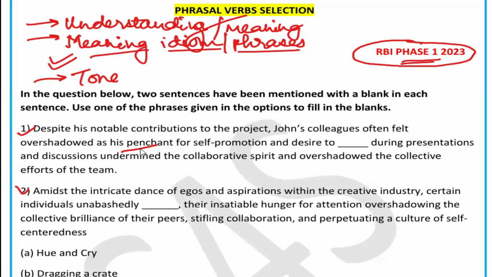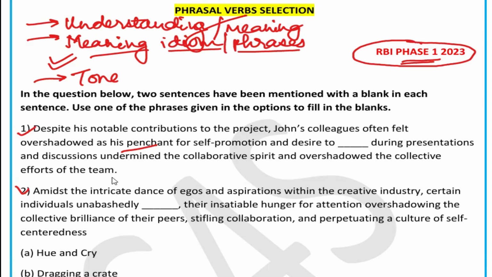John's colleagues felt they were overshadowed because John had this liking for self-promotion and desire to dash during presentations and discussions. And dash is where you have to select any of the idioms. During presentations and discussions, it undermined the collaborative spirit and overshadowed the collective efforts of the team.